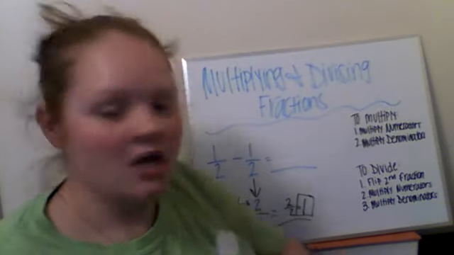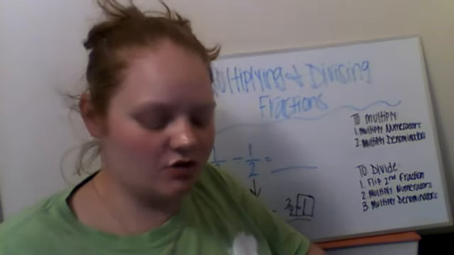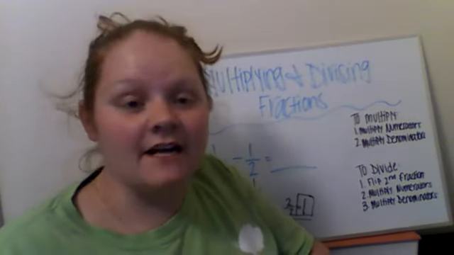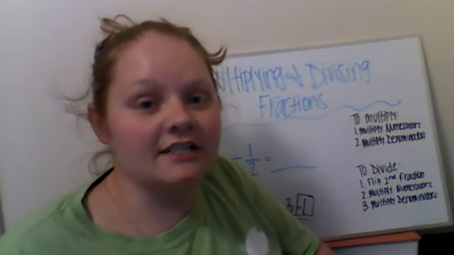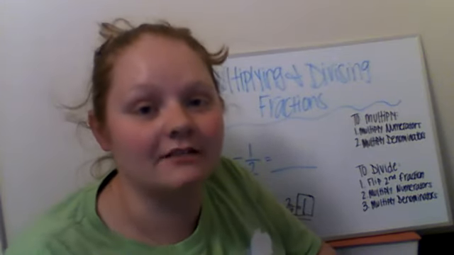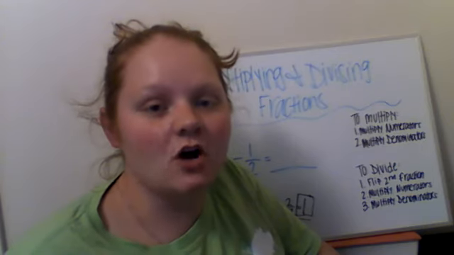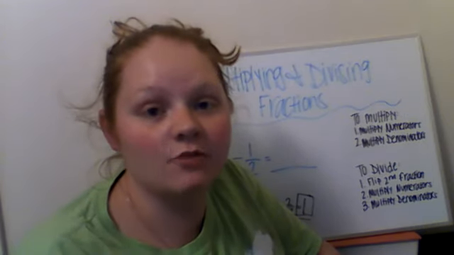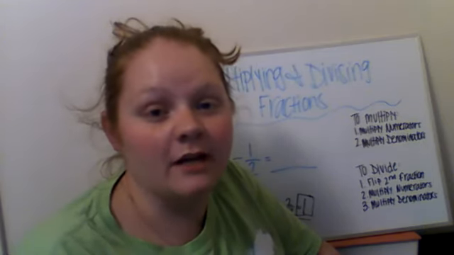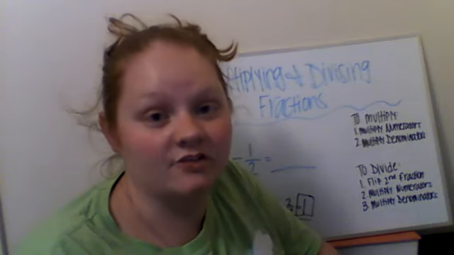All right, so like I told you, multiplying and dividing fractions is not as scary as people make it out to be. I love multiplying and dividing fractions because it's so easy. So remember, when you multiply fractions, all you have to do is multiply your numerators and then multiply your denominators, and that's your answer.